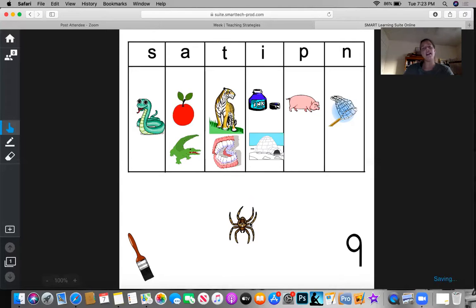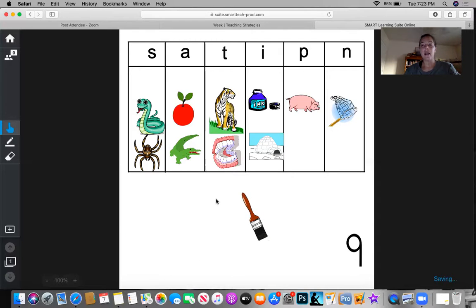This is a spider, and that beginning sound is S. All right, we have a couple more to go. What about this? We're going to call this a paintbrush. What do you hear at the beginning of paintbrush? Which is the letter P?